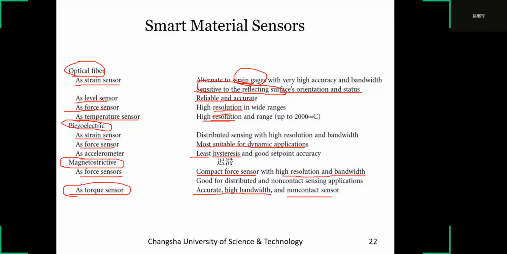From here we know the smart materials can be used as many kinds of sensors, but often we use them where high resolution is needed.